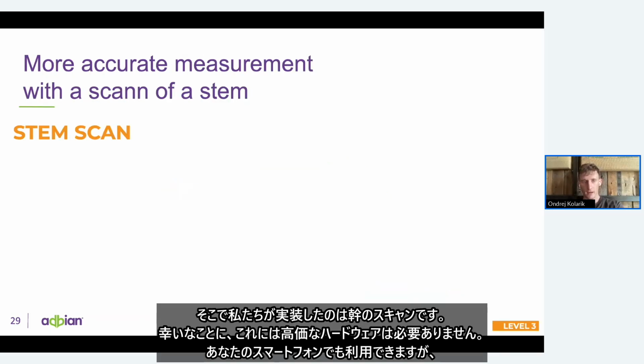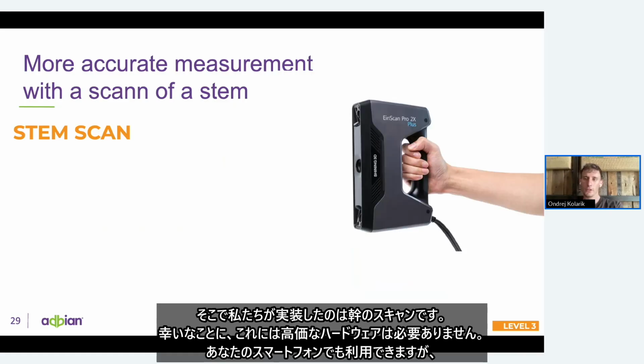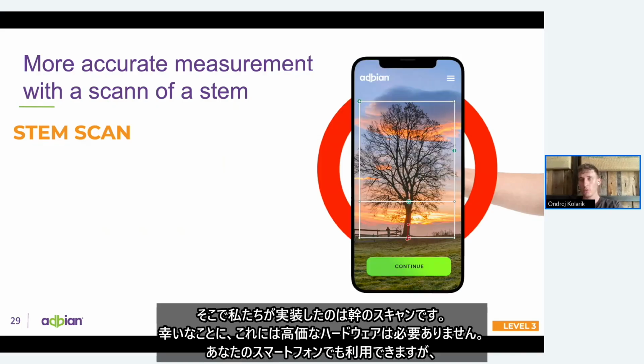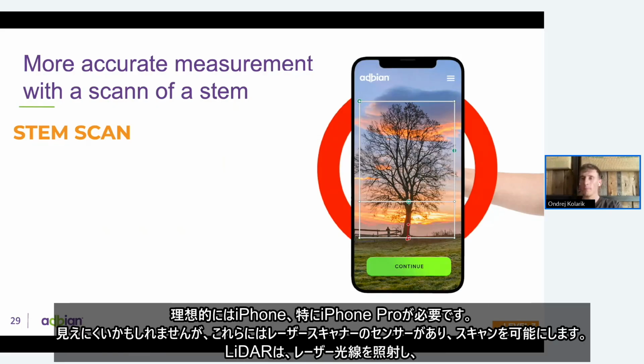What we implemented then is the stem scan, for which, fortunately, you don't need any expensive hardware. You can also use just your phone, but you would have to have an iPhone, ideally an iPhone Pro, which, not sure if it's visible, but they have this dot, which is a LiDAR sensor that enables you to scan.